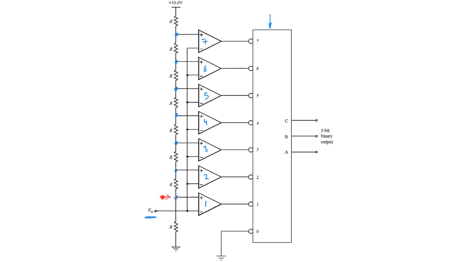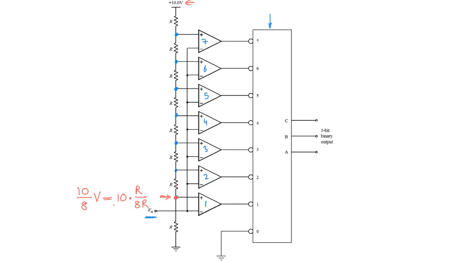So the voltage at this point is simply 10, which is the power supply here, 10 volts, times R over 8R. That's 8R because there are 8 resistors in total. So the voltage here is 10 over 8 volts.